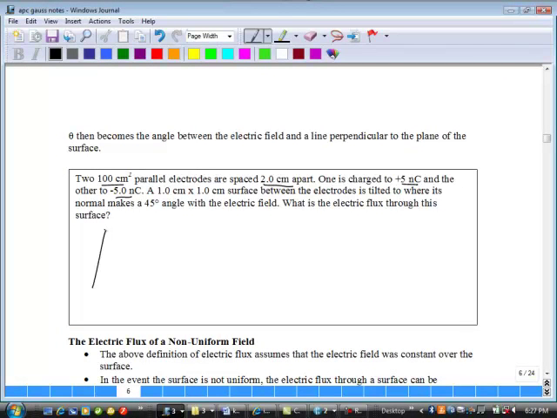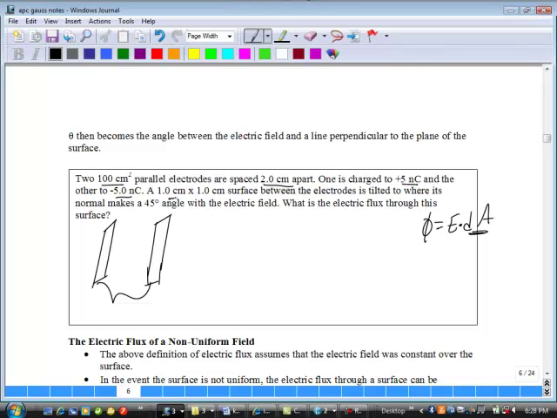So here's our picture. I've got two parallel plates here. What do we know is going to be between those parallel plates? Hopefully you realize that there is going to be an electric field between those parallel plates. And so in order to do this, I need to know what that electric field is, because in order to do flux, I have to have E dot dA.